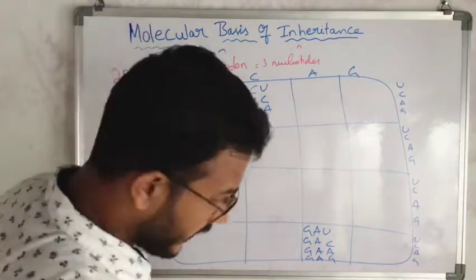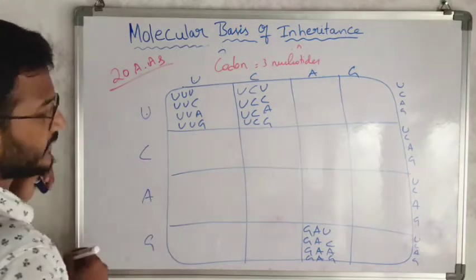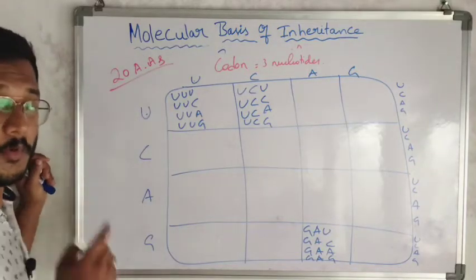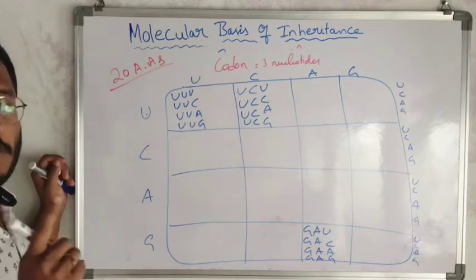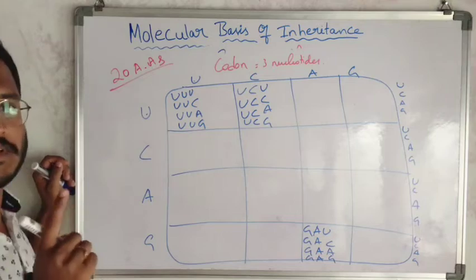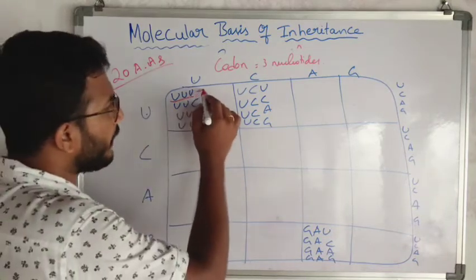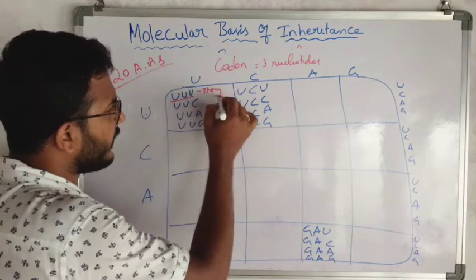Now here, for example, see here. We have 20 amino acids. One codon will form only one type of amino acid. See how much specificity this is. U will form only one amino acid, that is phenylalanine.